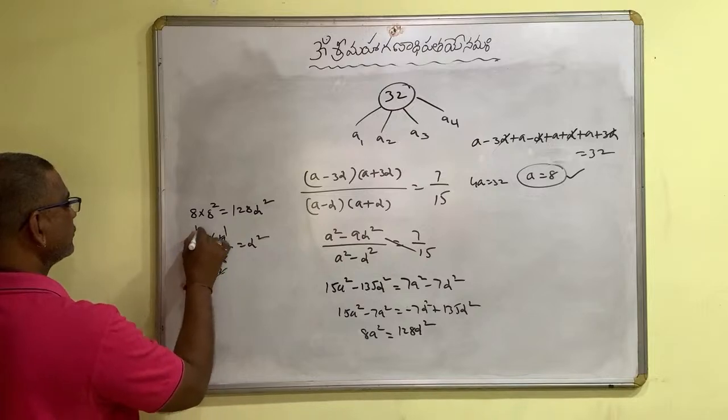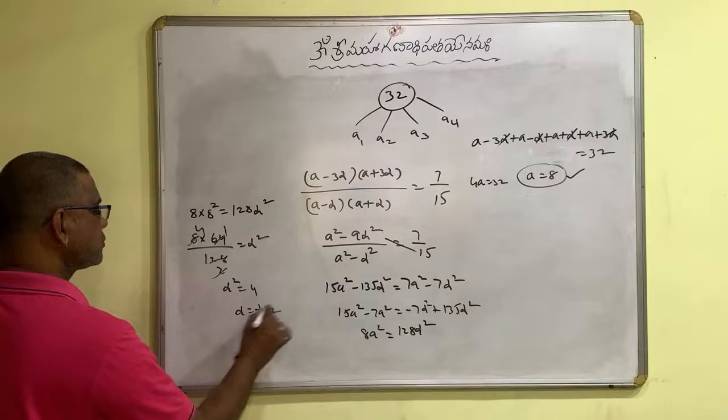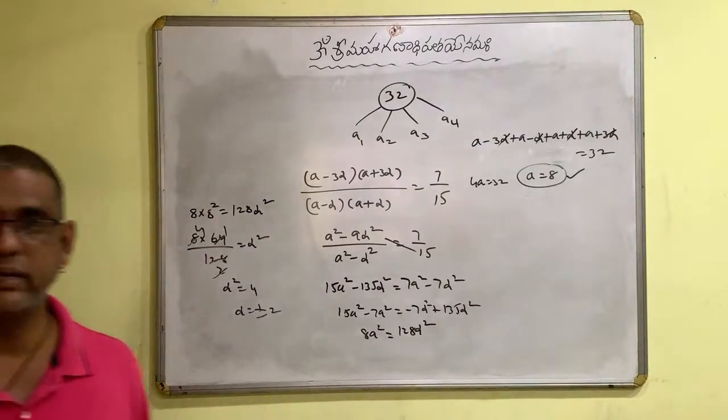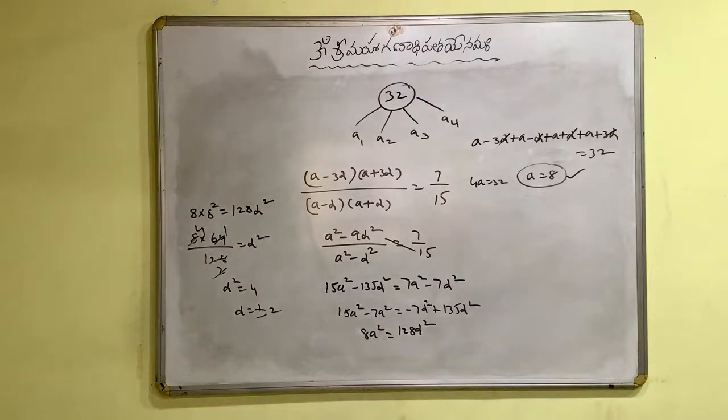D square is 4, d is plus or minus 2. So A is 8, D is 2. Write down all the four numbers.